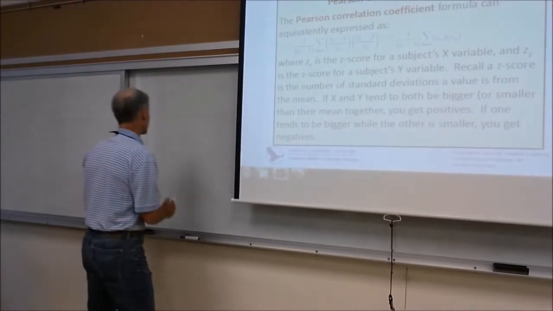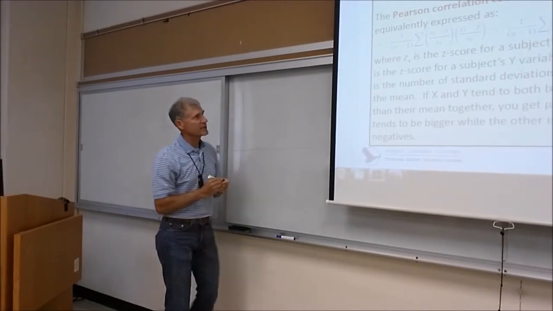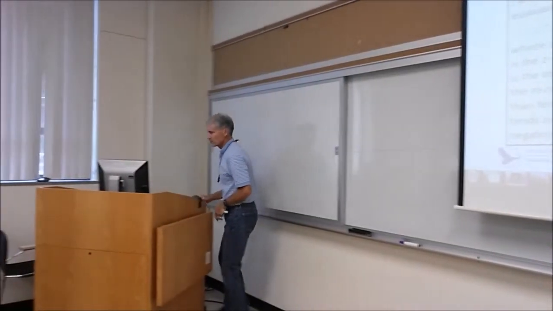So here's how it works. Let's do a scatter plot. Before I do it, I want to use some data from your class survey. Oh, I got to go to the next slide set. Here.